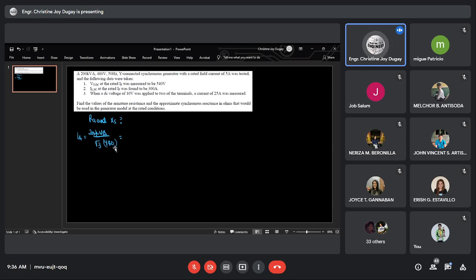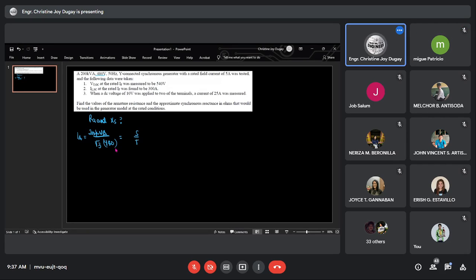Square root of 3 times 480 ba talaga, Mr. Miguel, considering it's Y connected? Yes, ma'am, yan po yung pagkakaalam. Usually kasi, ma'am, given terminal condition po, terminal po yung voltage natin.